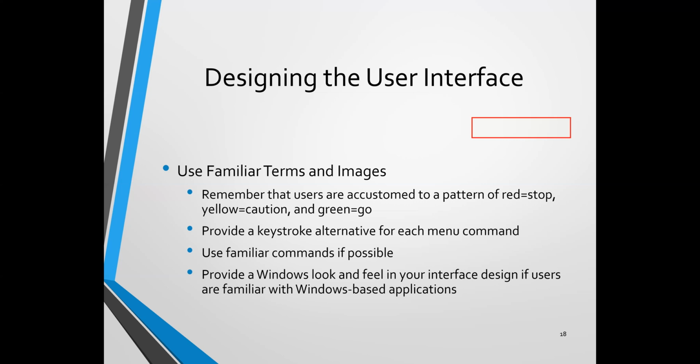in that one. Remember that users are accustomed to the pattern of red means stop, yellow means caution, and green means go. Let's imagine that you have a red button that says save, and a green button that says cancel. This will make users confused.